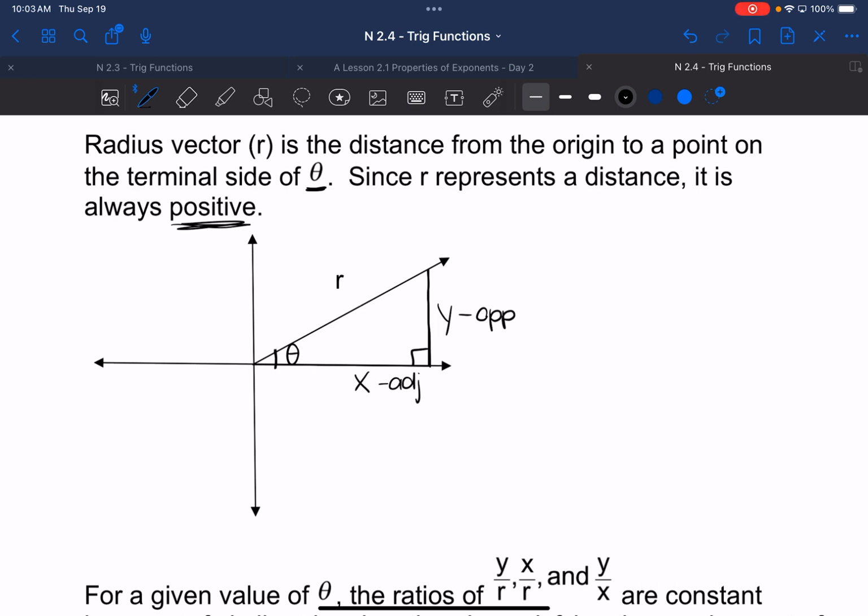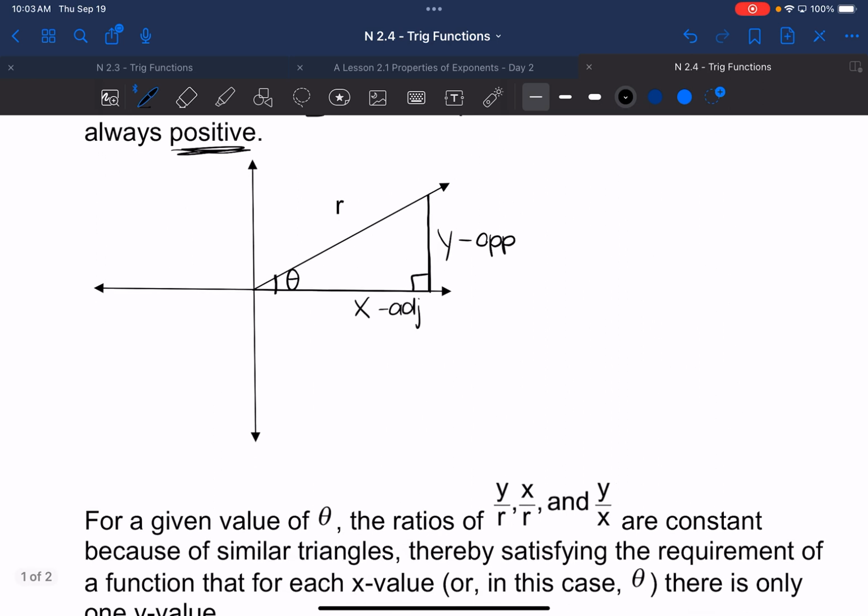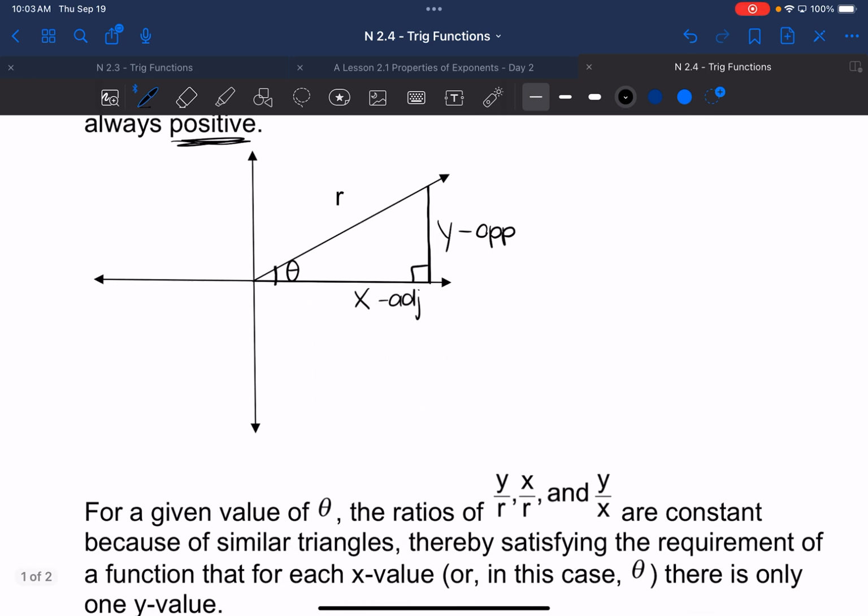So anytime we're talking about our right triangle on a coordinate plane, instead of giving opposite over hypotenuse, we are going to write the ratio as y over r. Because y is the opposite side, while r is where our hypotenuse should be, right?